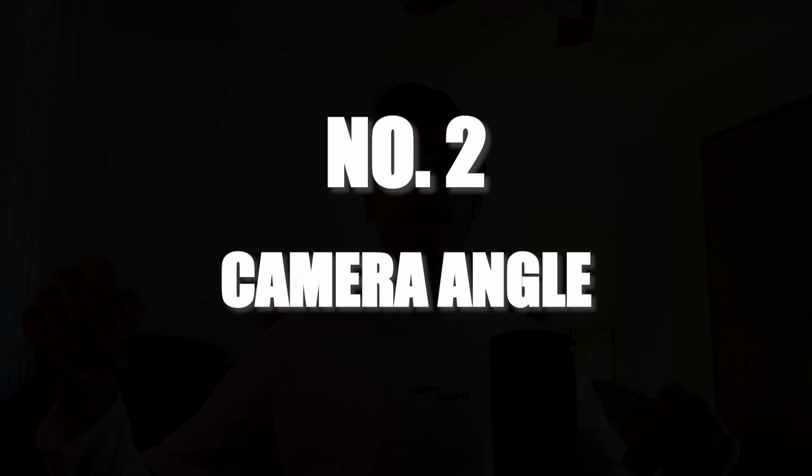So moving to the next part, on number two, we got camera angle. So talking about this part, some of the beginners and starters don't really think about this part, the camera angle. And so me personally, I can say that this camera angle part is one of the most important parts to create environment renders.